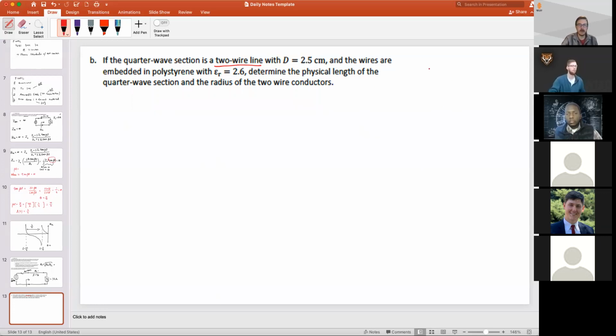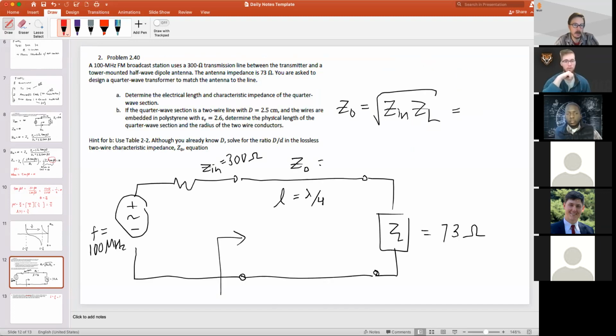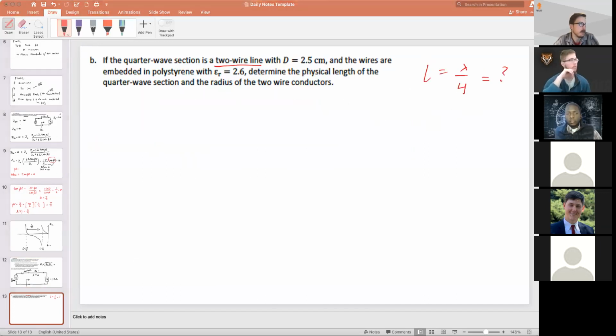So we know that the length is a quarter wavelength, and you can determine based on the previous information what this is. Then you can use a table in the book to do this design.